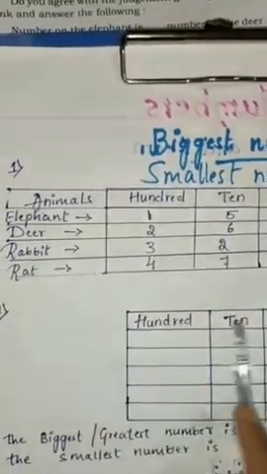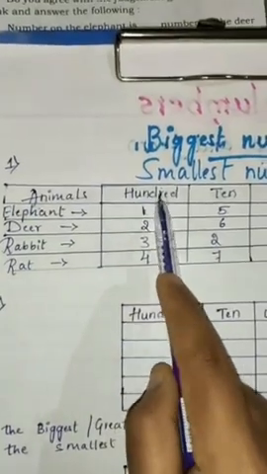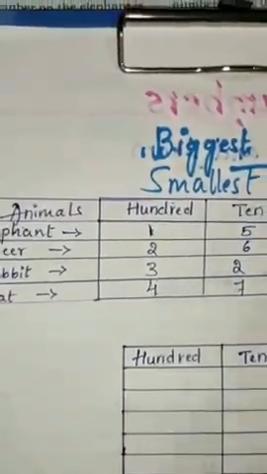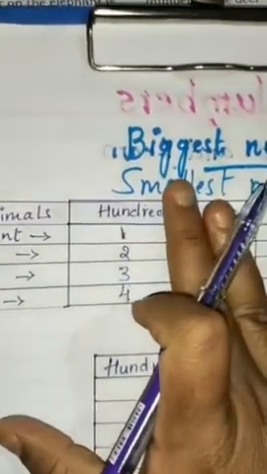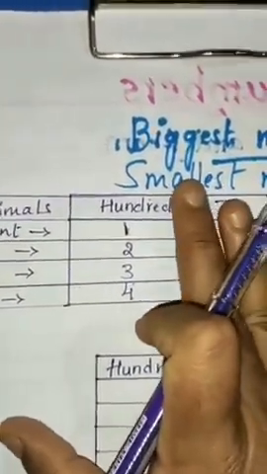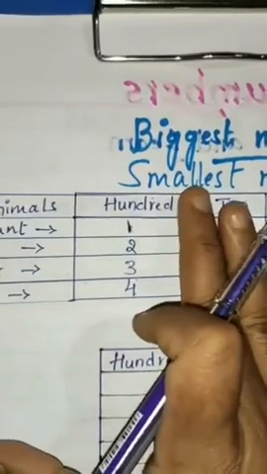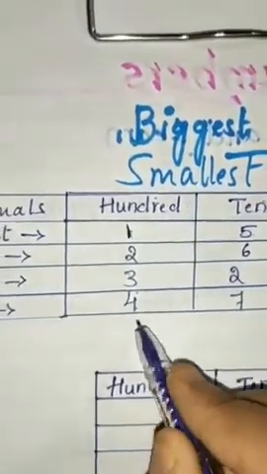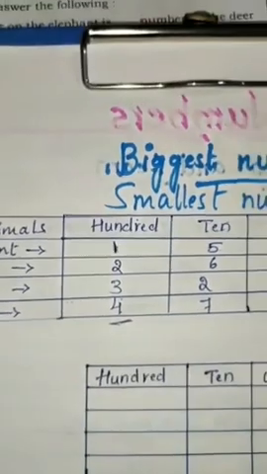Which is the highest place value here? 100 is the highest place value. So you have to start from the 100 here. Okay, so now you tell me which is the biggest digit in the 100 place. Yes, which is the biggest digit here? This 4. 4 is the biggest digit, right?